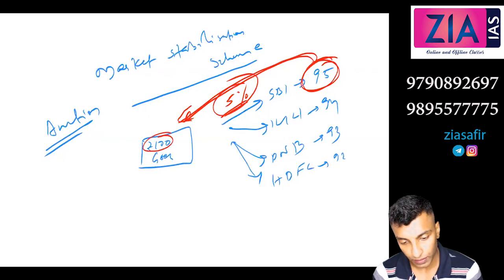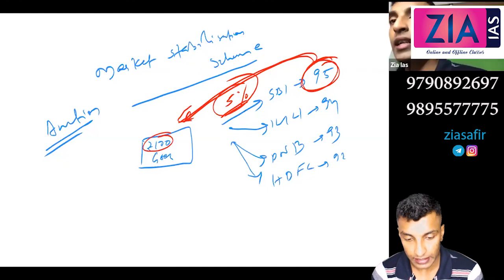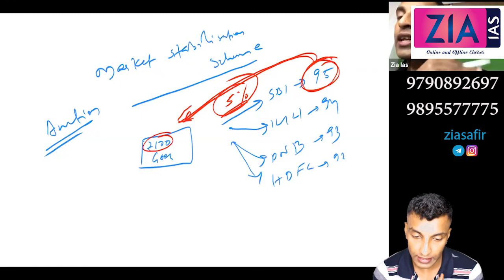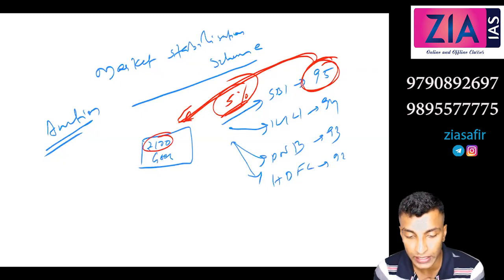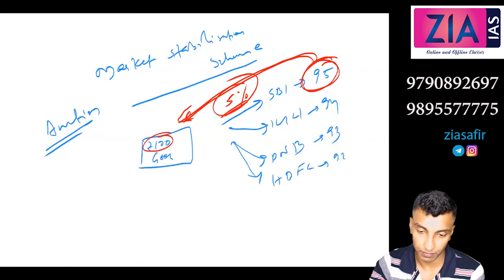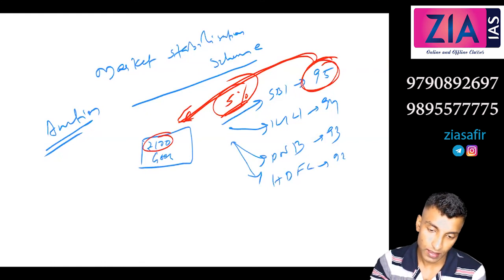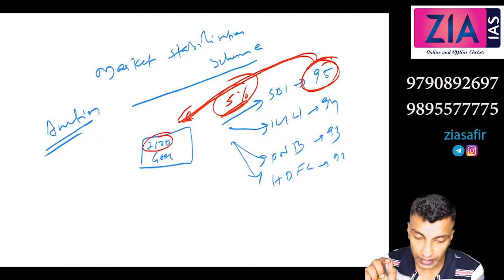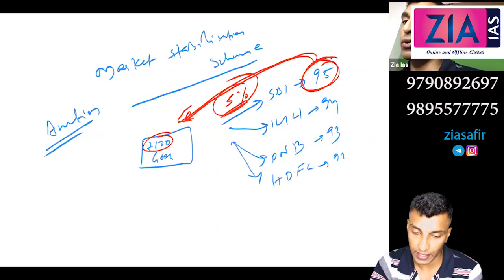Sir, can the SLR requirement be violated in the MSF case? Yes, the SLR requirement can be violated in MSF, but not in repo. And since the SLR requirement can be violated, that's why some extra interest you need to pay. In case of MSF, you can pledge that government security which is counted in SLR also, not a problem.